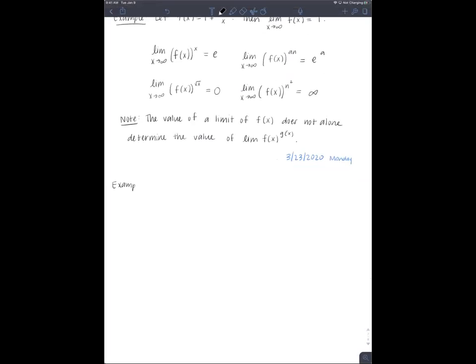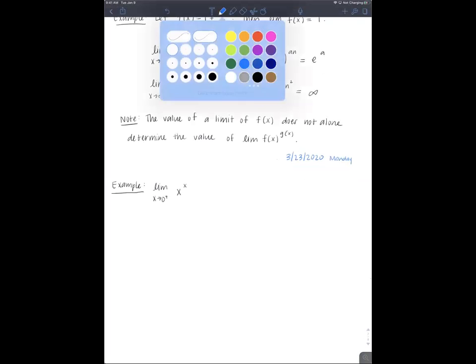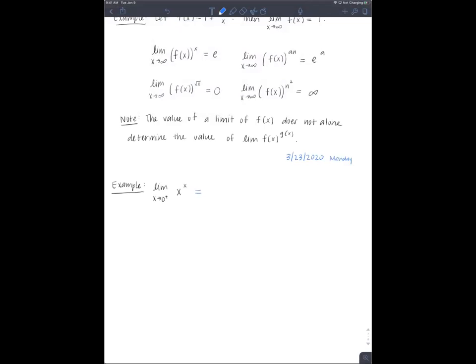Example: let's look at the limit as x approaches infinity. Or no, nope, the limit as x approaches 0, I'm sorry, from the positive side, of x to the power of x. When I try to just plug in 0, what is this going to equal?